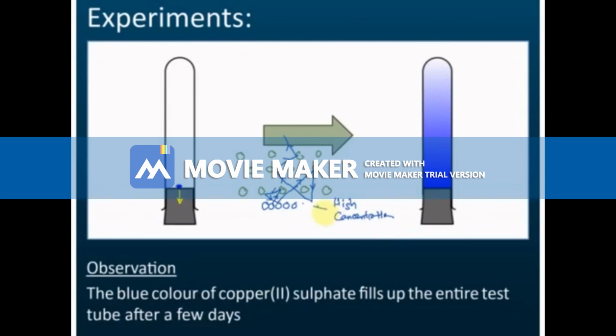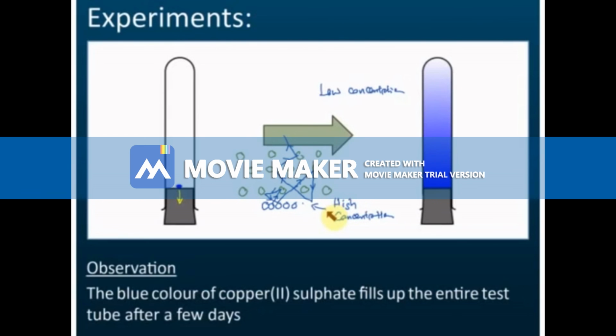This area, the concentration of the copper sulfate is high, and this area, the concentration is lower. So the particles will move from high concentrations to low concentrations. So this process is called diffusions.